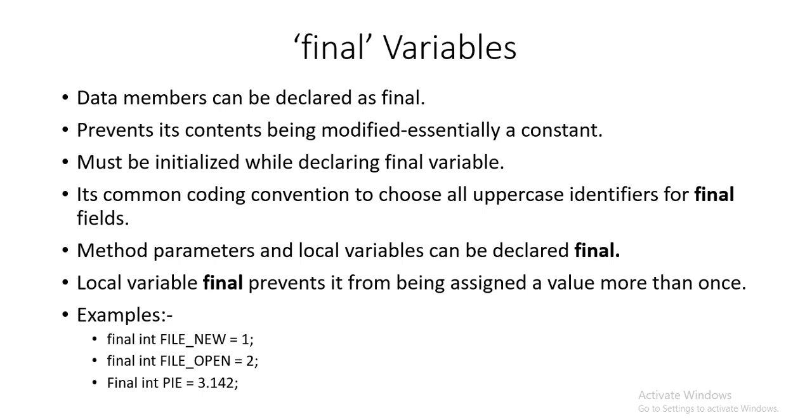What is the use of final here? If the final keyword is used to declare a variable as a constant, you cannot change the final variable's value. So it is indirectly declaring a constant variable or a global variable. It prevents its contents from being modified, essentially a constant.